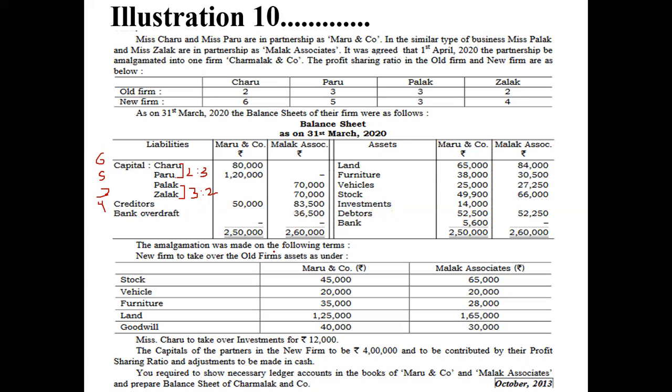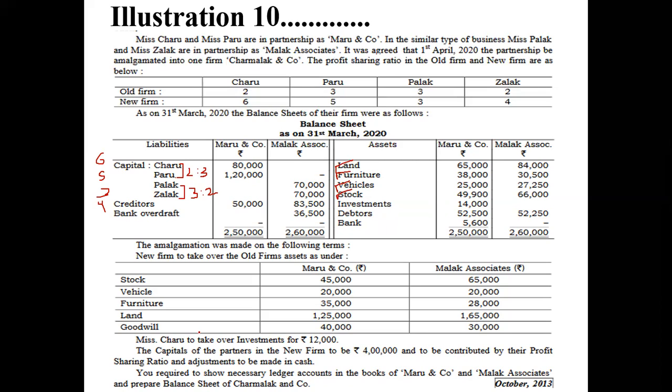The amalgamation was made on the following terms. The new firm is to take over old firm assets as under: stock, new value is given. So let's put stock, vehicle, new value given, furniture, land, and goodwill we will take while calculating purchase consideration.